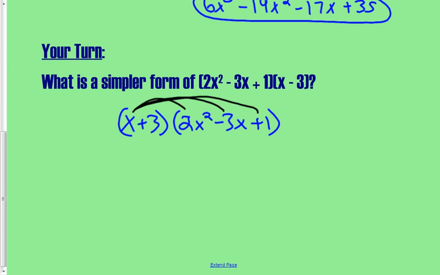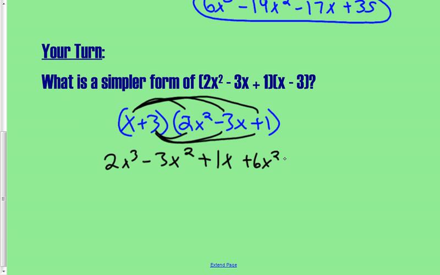I'm just going to do this. So I got 2x cubed minus 3x squared plus 1x. I'm going to do the 3 distributed to those three parts. We've got 6x squared minus 9x plus 3.